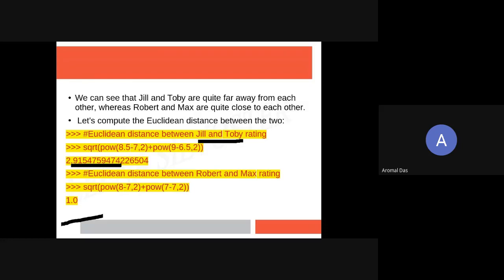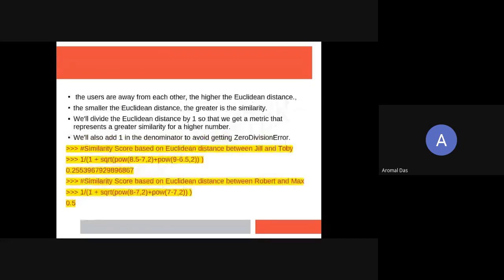So what does it mean? The further away the users are from each other, the higher the Euclidean distance. The smaller the Euclidean distance means it is having higher similarity. So we will be dividing 1 by the Euclidean distance to get a higher number for higher similarity.